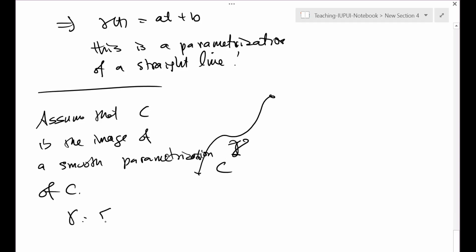So gamma is going to be from A to B and on to C.